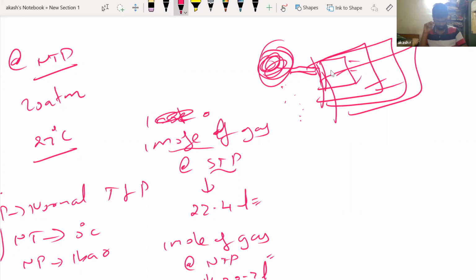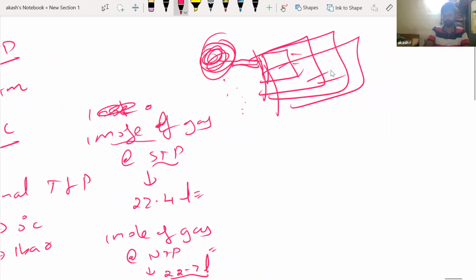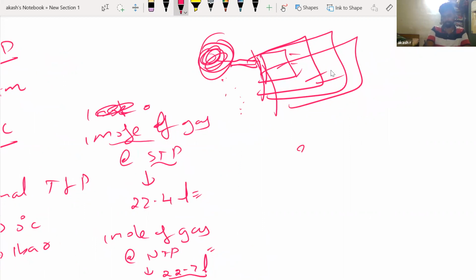There is something which has to be given, or I can calculate for H2 gas. So if they say 2.82 liters at NTP, it means how much H2 can be there?